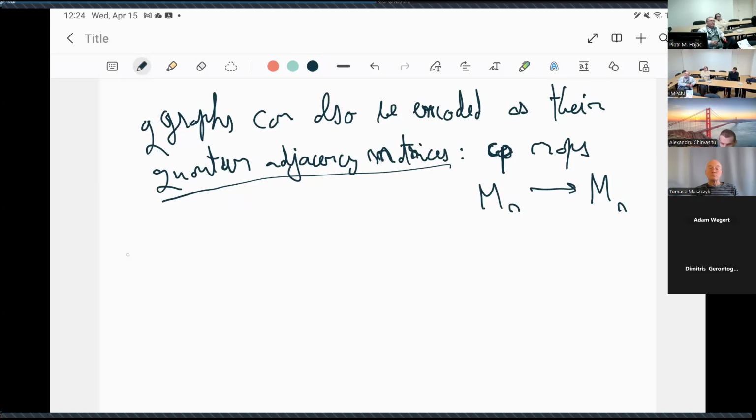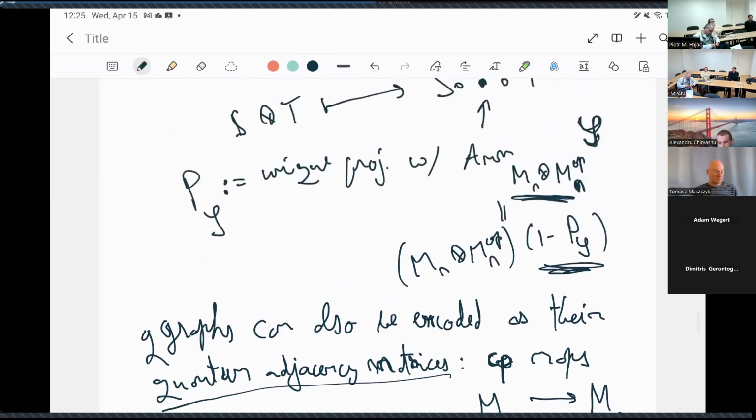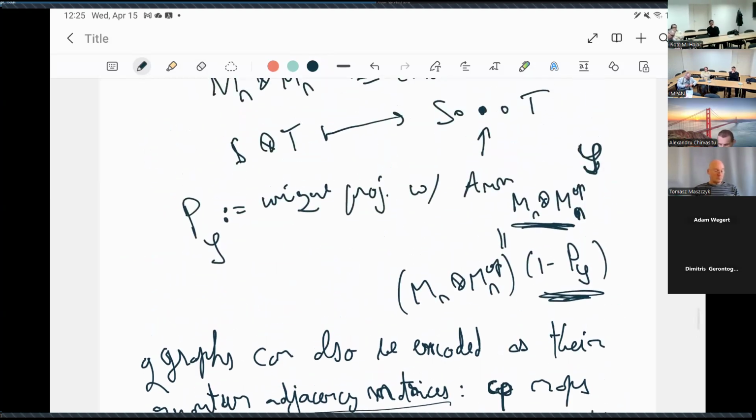Right. CP maps satisfying certain conditions. I am just going to tell you how to produce the corresponding CP map from the operator system S.